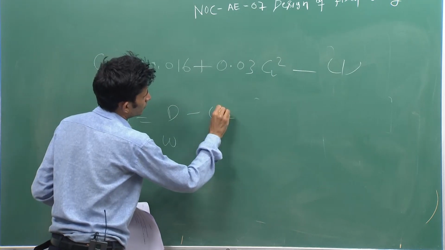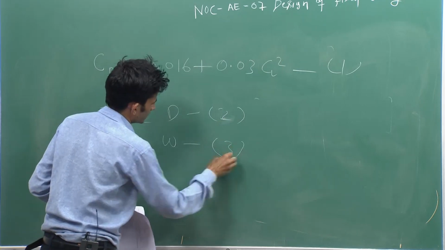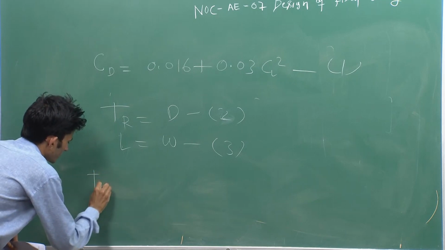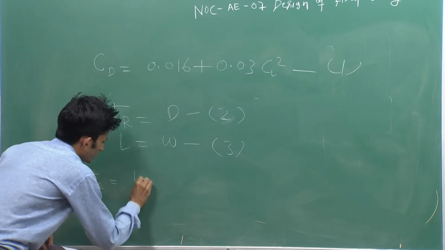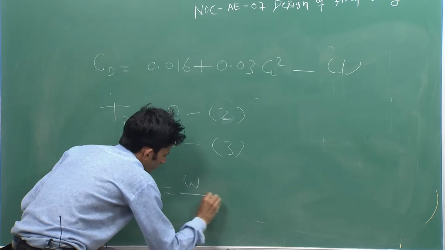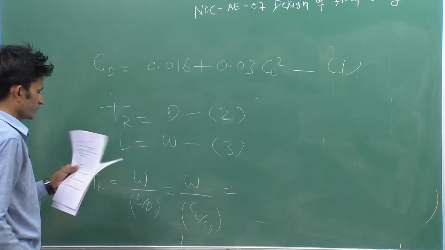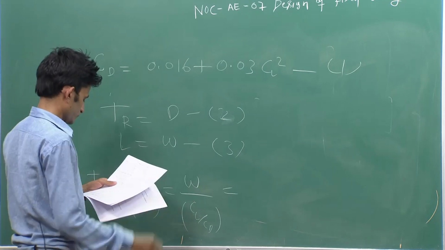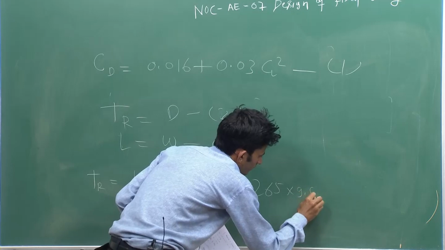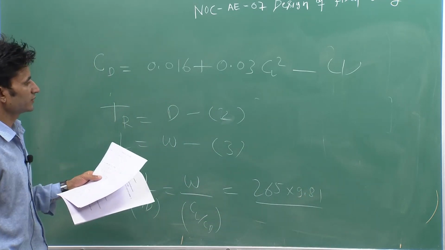Equation 2 and equation 3. If you manipulate equations 2 and 3 together, you will get thrust required equal to W divided by L by D. You can also write W divided by CL by CD. So W you know is 265, converted into Newton, divided by CL by CD.